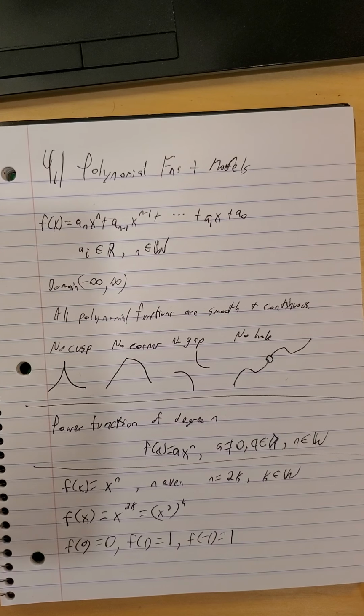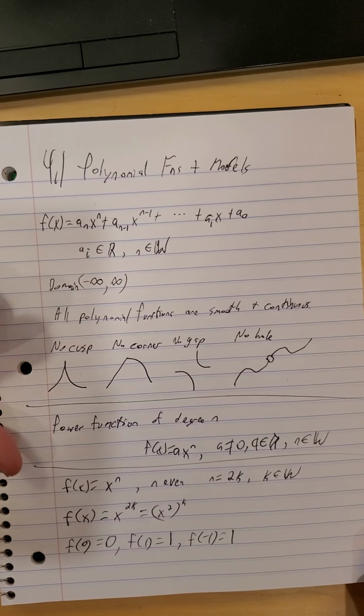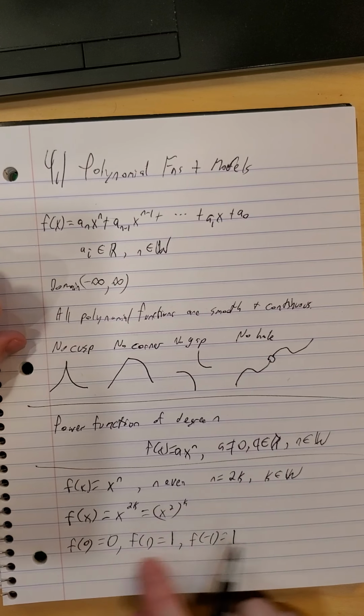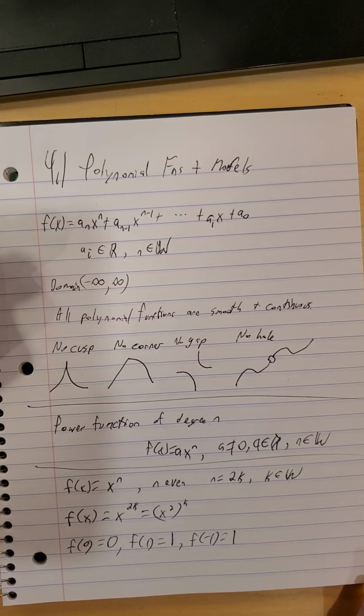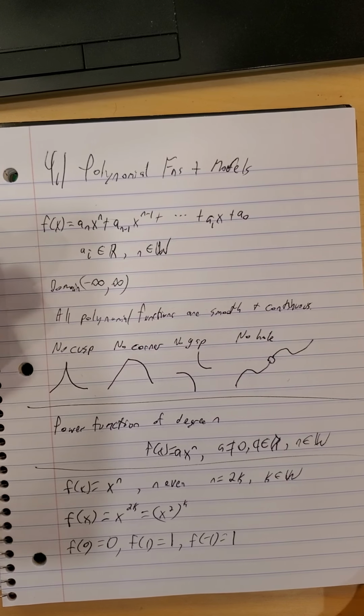So if we have a power function where a is 1 and n is even, those three ordered pairs automatically are on the graph. The origin, (1, 1), and (-1, 1).